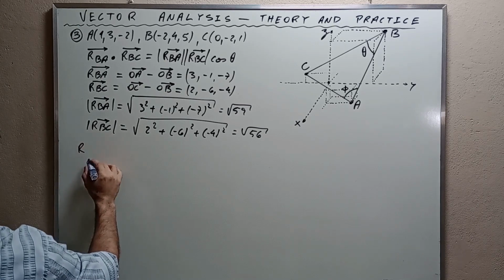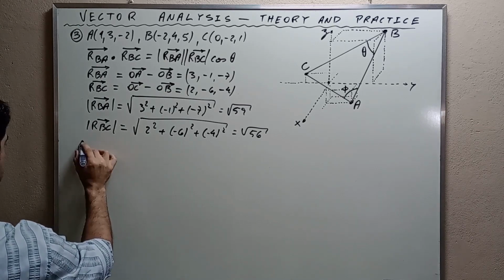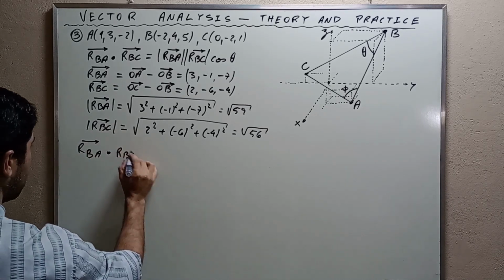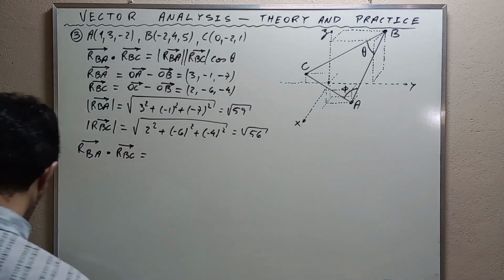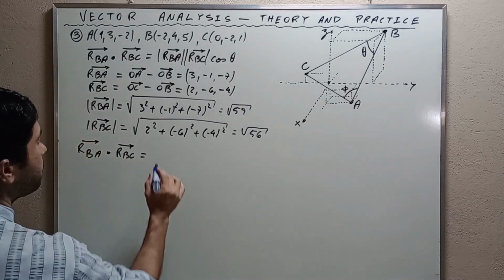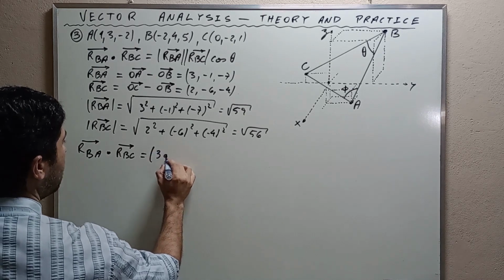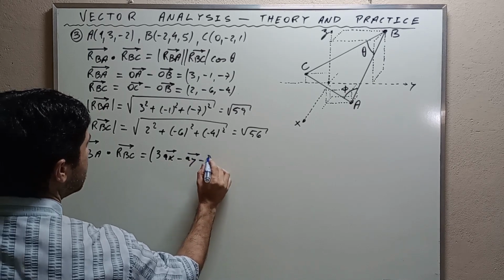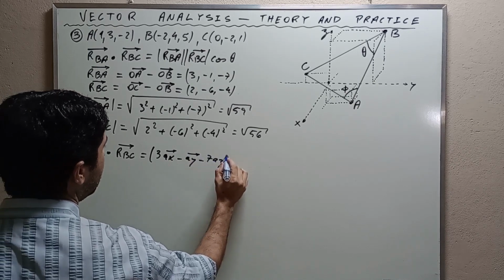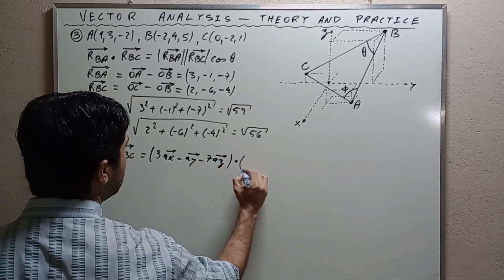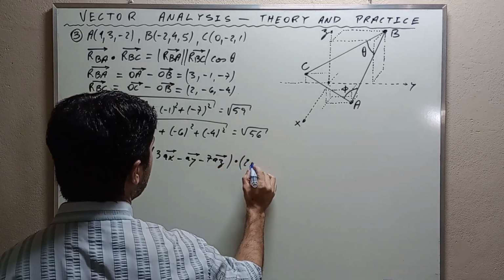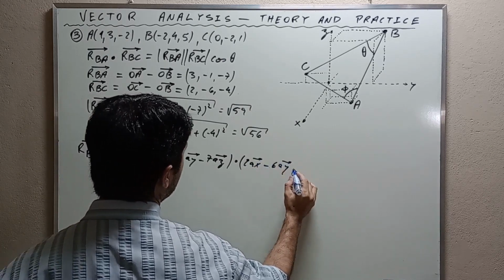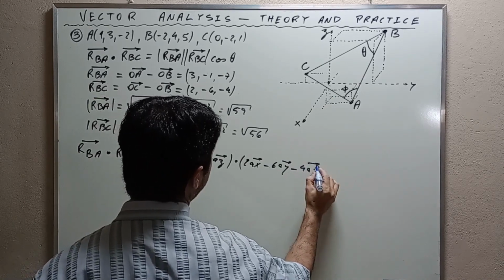RBA in a dot product with RBC is simply 3ax minus ay minus 7az dot 2ax minus 6ay minus 4az.